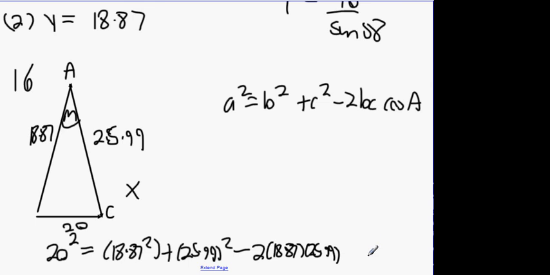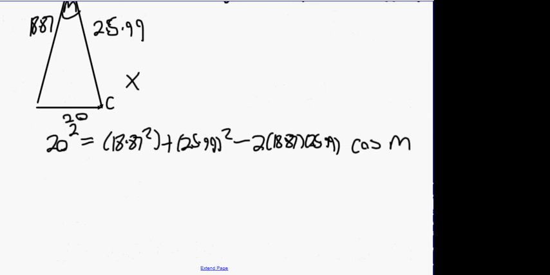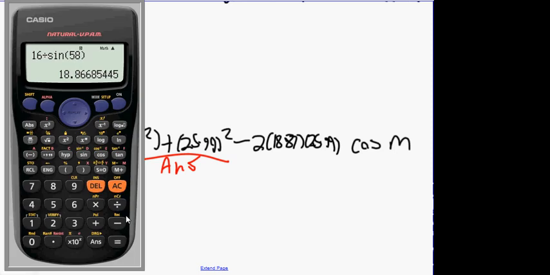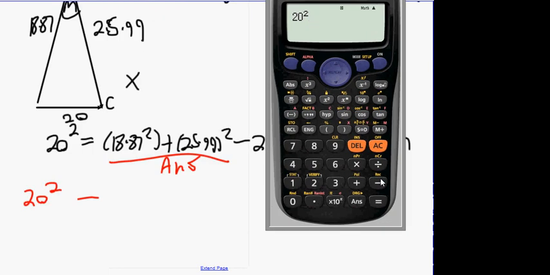Now, what we've got to do is get very busy on the calculator. It's going to be 20 squared minus the answer of this one here, so we can do it all in one go. 20 squared minus 18.87 squared minus 25.99 squared.